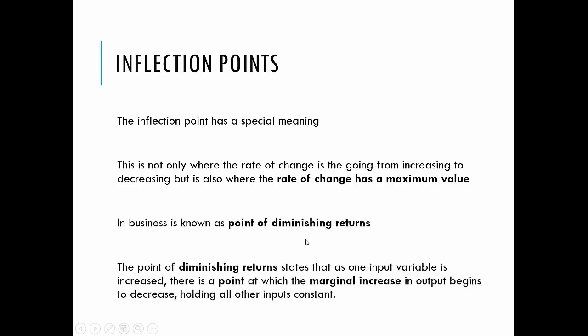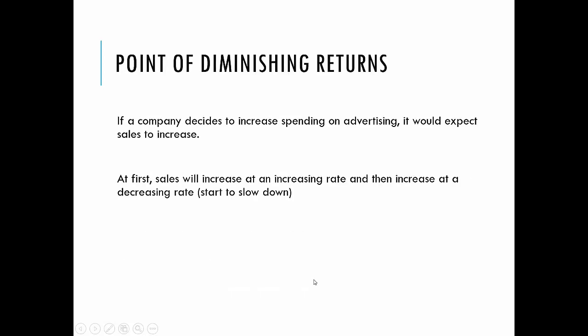And in business, this is called the point of diminishing returns, which states that as one input variable is increased, there's some point at which the marginal increase starts to decrease. That's certainly something a company would want to know.